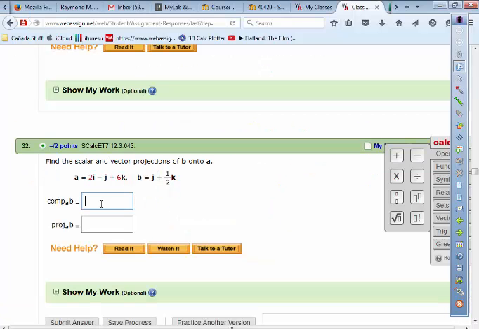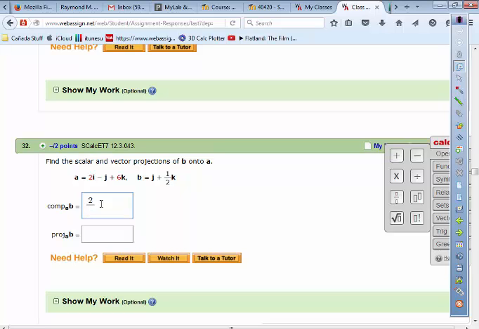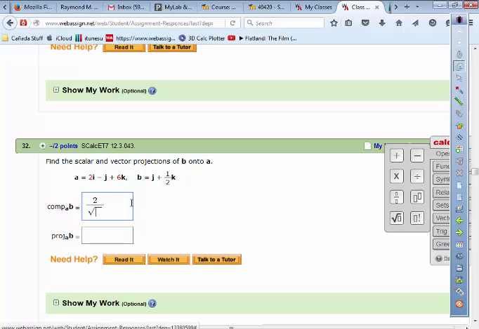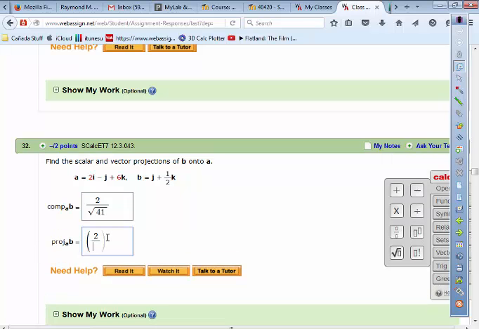We got 2 over the square root of 41. And for this one, we have 2 over 41. Maybe I'll put parentheses around that. Times a vector. So now they want a vector. I'm not sure if this will fly with parentheses. Or I can use those brackets, right?